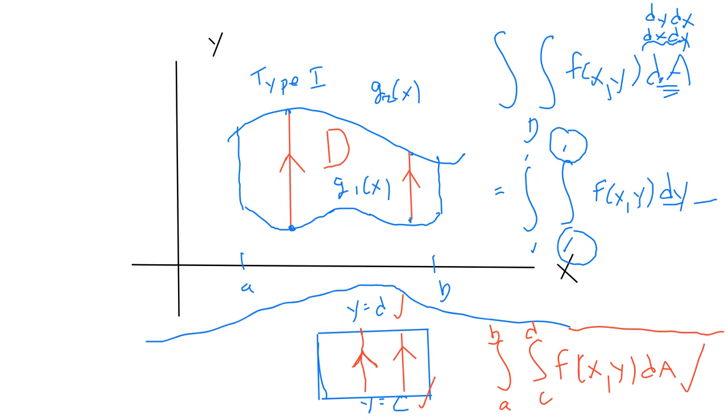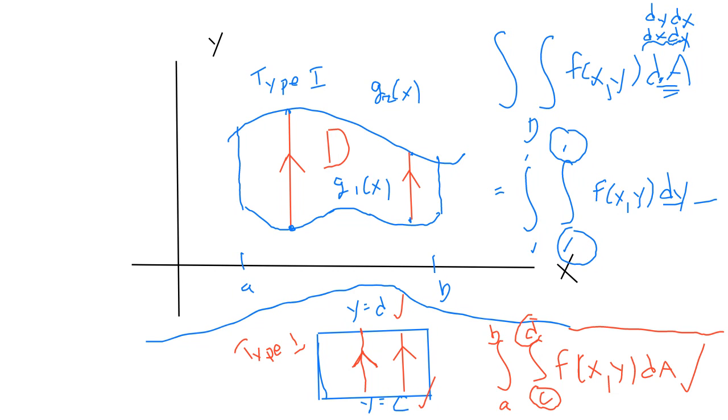But what I'm trying to say is, for a section 12.2 integral, when you have these constant limits, d and c, really you have a type 1 region.